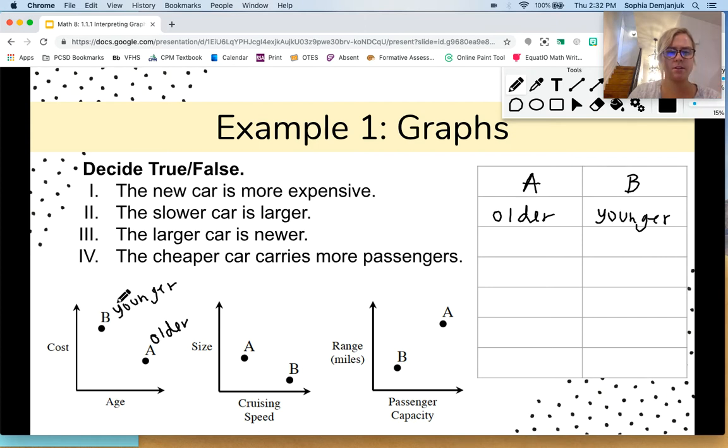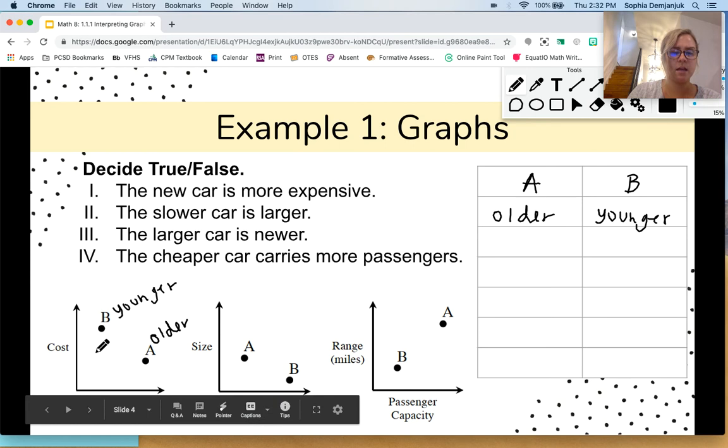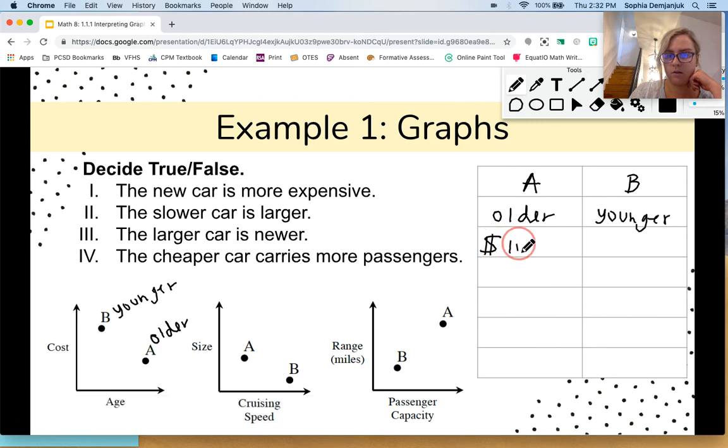The other thing that first graph shows us is the cost. And it shows us that A is lower in cost, so it's cheaper. That means that B, the younger, newer car, is more expensive.